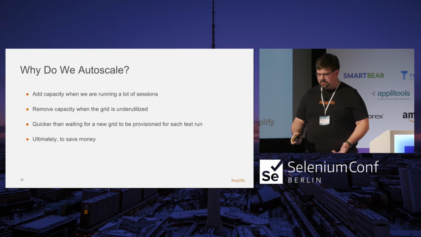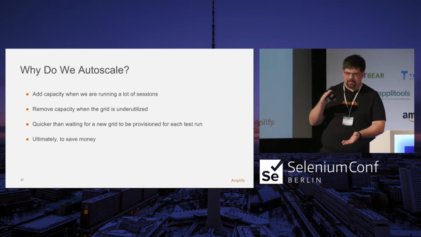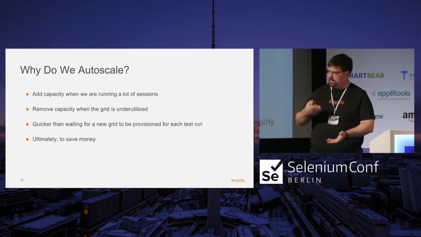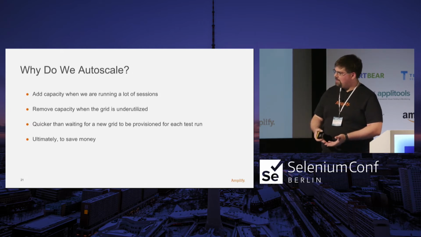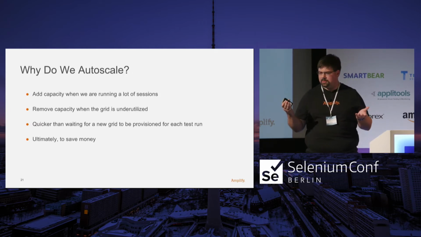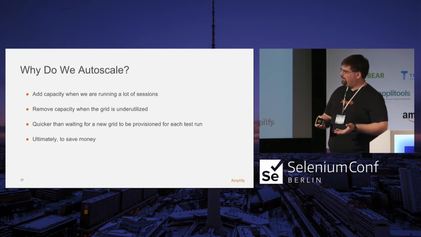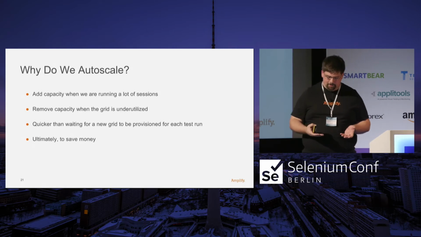We're running a lot of sessions. If our Selenium Grid is sized to run 50 sessions at a time and now you want to run 1,000, it would be a lot faster if you added some more nodes. On the other side, now that you've sized up to run 1,000 sessions and you only need 50, you're paying an awful lot of money for stuff you're not using. So remove capacity when it's not needed.